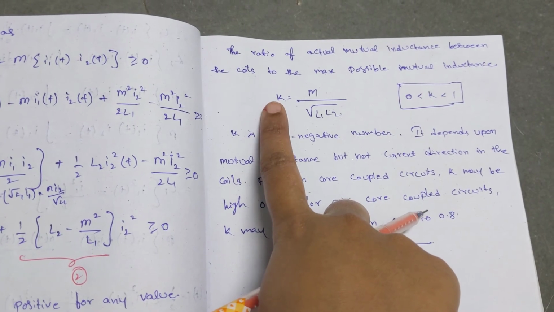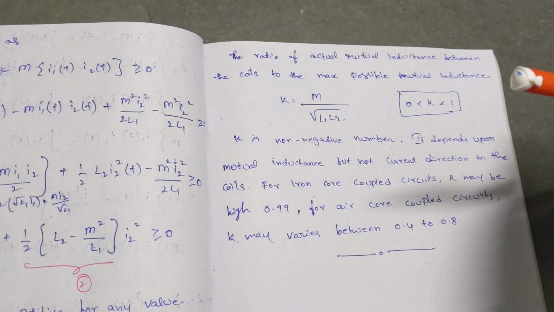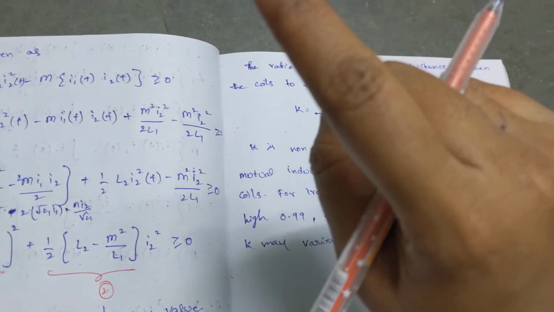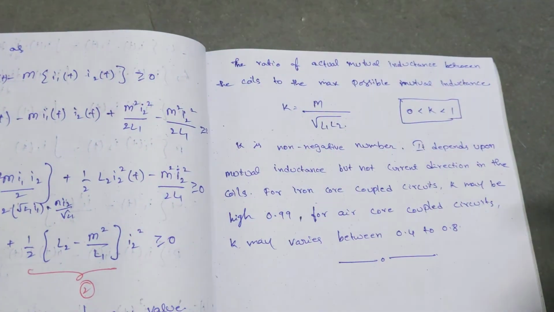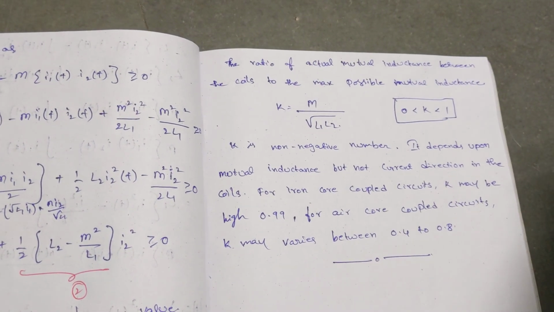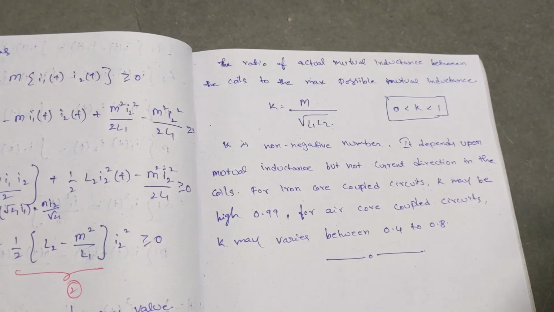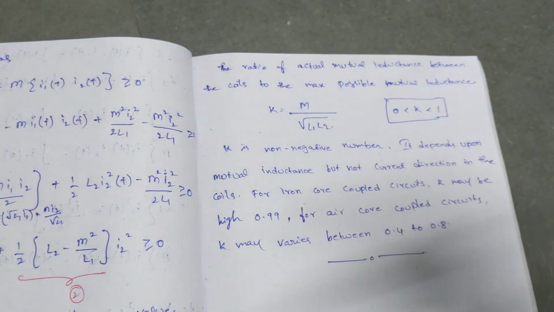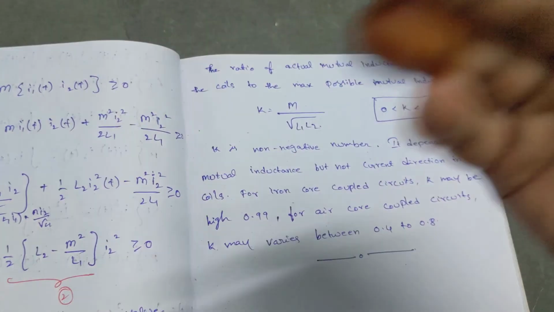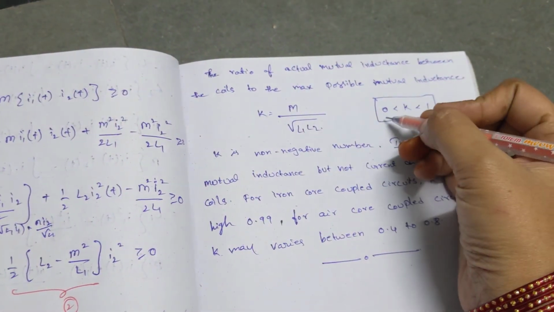For example, if the distance between the coils is very large and the flux of the first coil does not cut the second coil, no voltage will be induced and no current will flow in the second coil due to the first coil. At that time we say that it is not at all coupled.